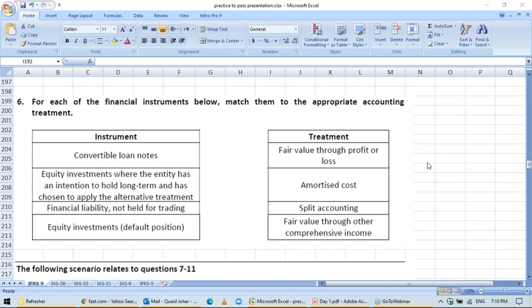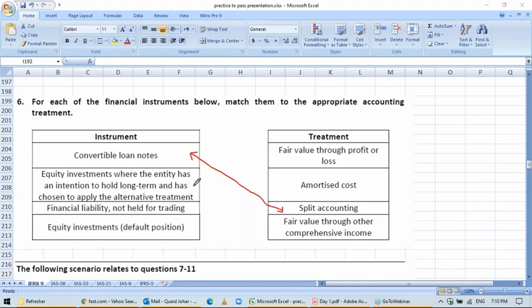For convertible loan notes, we use split accounting, as we split the cash raised into equity and debt instrument. Then equity investment, where the entity has an intention to hold long term and has chosen to apply the alternative treatment. Alternative means they have made an irrevocable election.